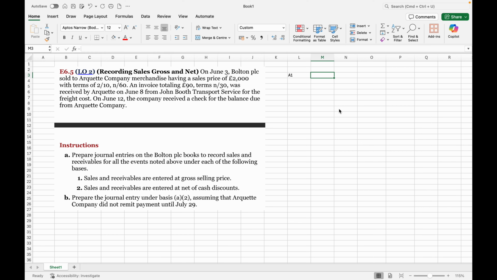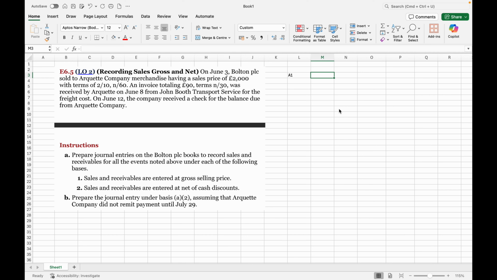we have to record sales and receivables at a gross selling price. The gross selling price method does not recognize the discounts before they're actually incurred. So in this situation, we will first be recording our accounts receivable and sales revenue in an amount of 2,000.